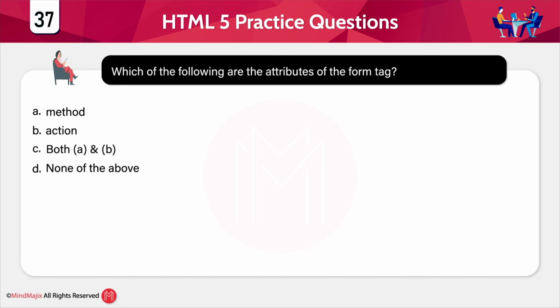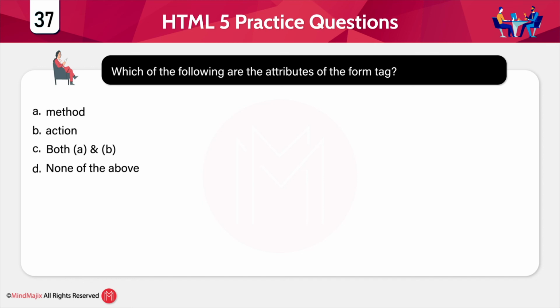Method attribute value is either get or post. So in most cases we go for get. Only for login kind of pages we go for post, because login credentials, username and password, are sensitive information, right? Nobody wants to display their username and password inside the URL. That's why in such cases we go for post.